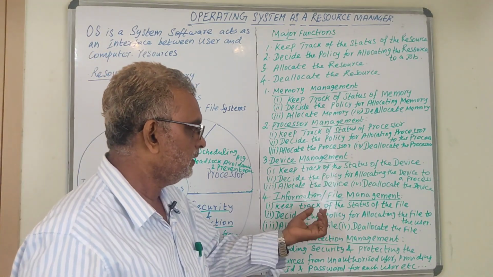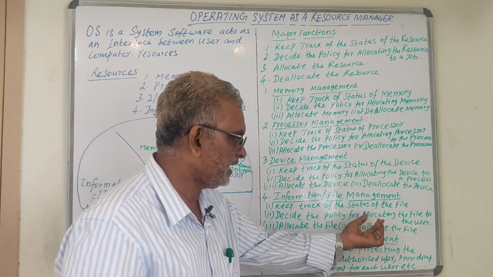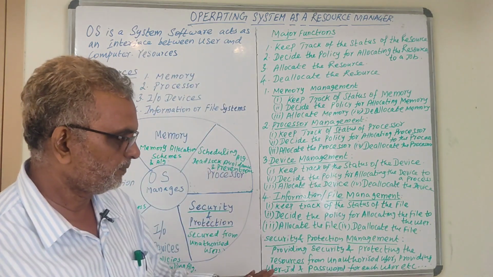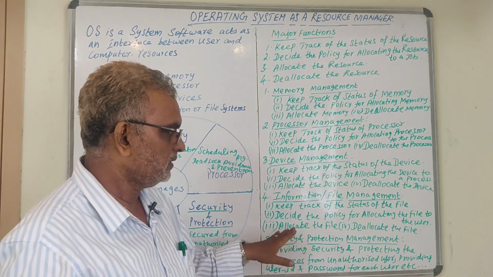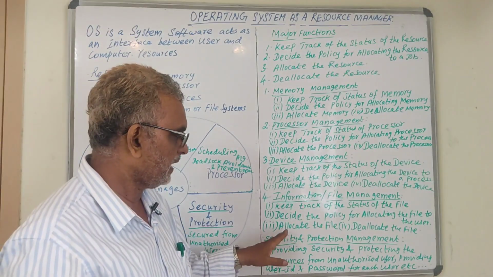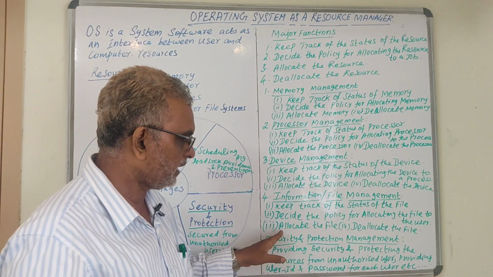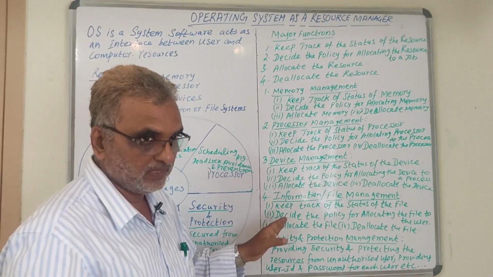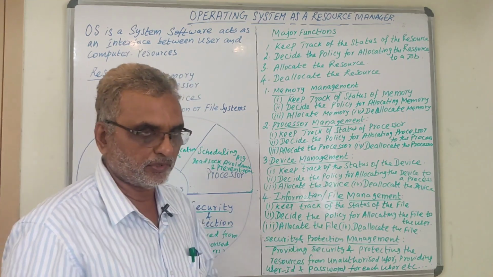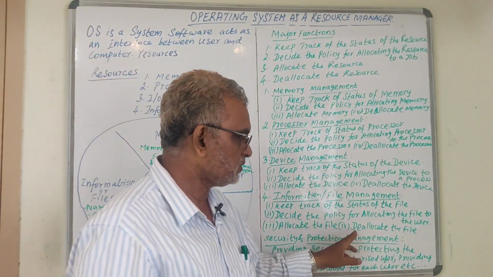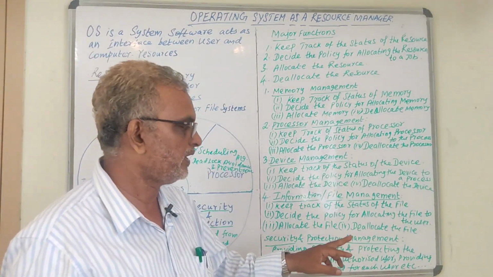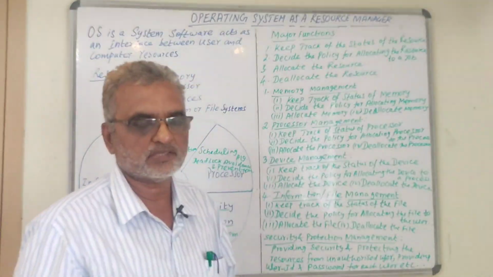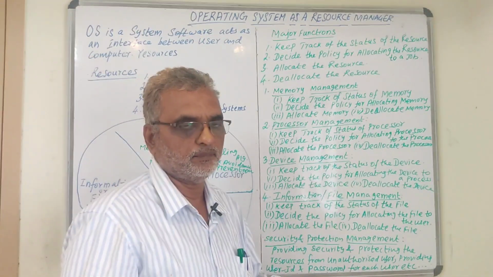Number 2, decide the policy for allocating the file to the user. Once the policy is decided and the file is allocated to the particular user, as soon as the job is over, the file is reclaimed.